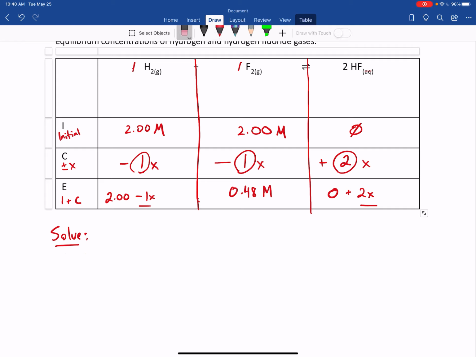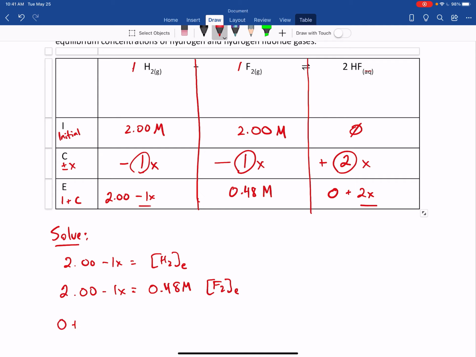Actually, let's write these in order. So we're told that 2 minus 1x is equal to the equilibrium concentration of hydrogen. 2 minus 1x is equal to 0.48 moles in this case, which is the equilibrium concentration of fluorine.